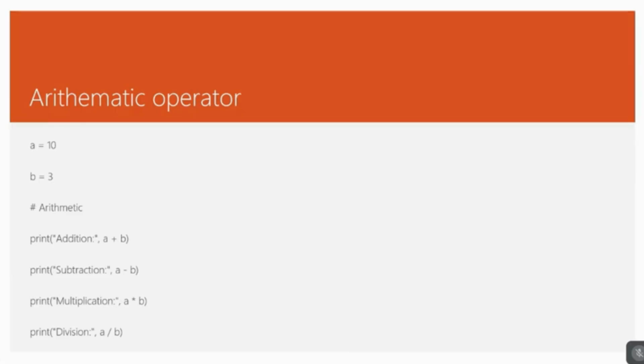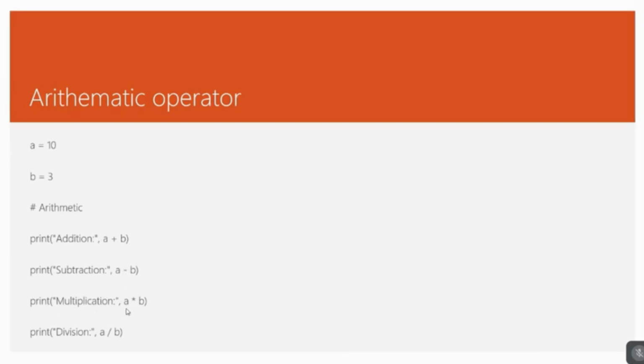If you have another value, like if your value is stored in C, then you add plus C next to B, like that. Also for subtraction, we do the same. For subtraction, we write subtraction A minus B. Here we use the minus symbol.